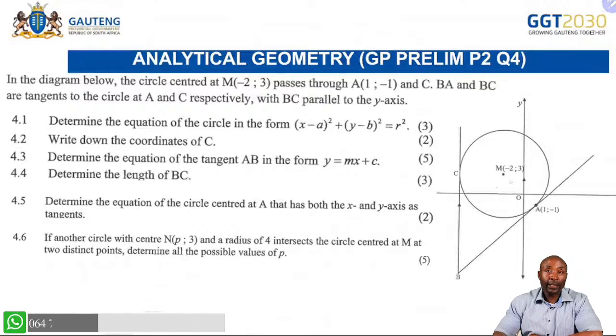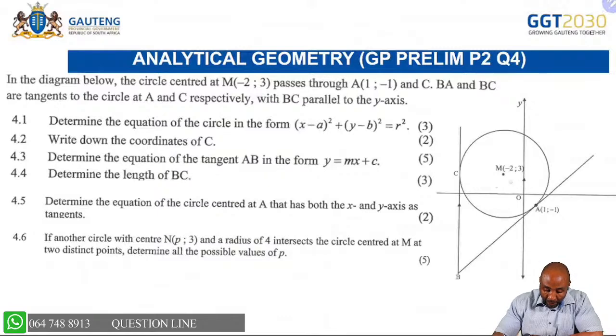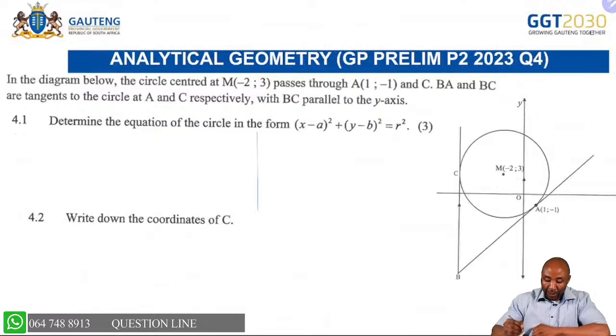Now, the first question says determine the equation of the circle in the form x minus a squared plus y minus b all squared is equal to r squared. Go to your formula. You are already given the equation of that circle. All you need to do is to determine the values of a and b and put them in your equation.